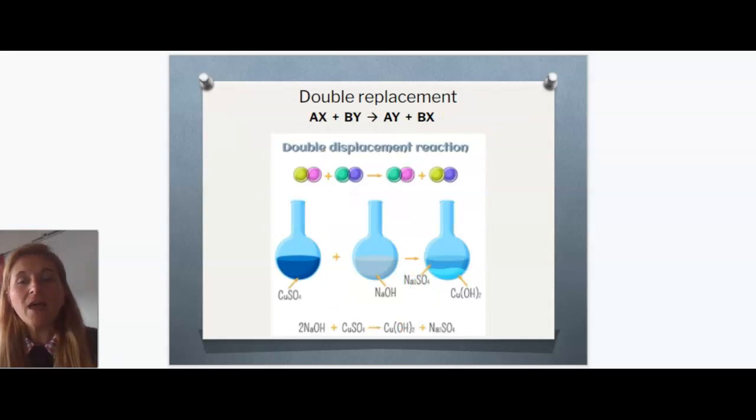Here we have a double replacement. This is where we have two molecules and they swap partners. My analogy here would be like if one friend, let's call her Amy, right?